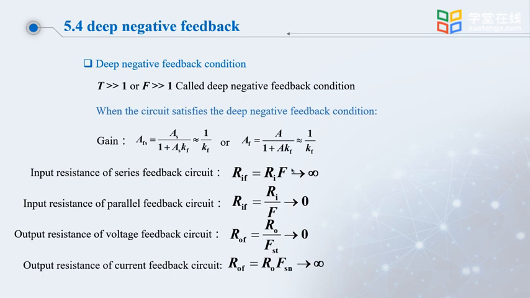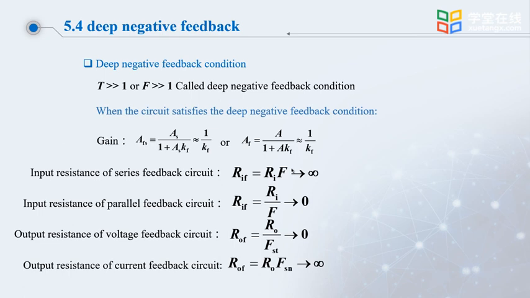So the numerator and denominator cancel the open loop gain. The closed loop gain is equal to 1 over the feedback factor. If it satisfies the deep feedback condition, the closed loop gain AF is approximately 1 over the feedback factor.